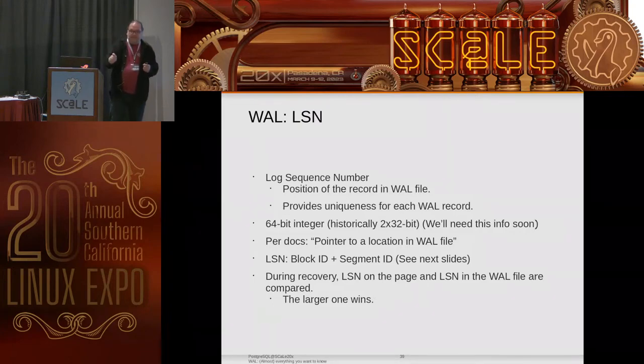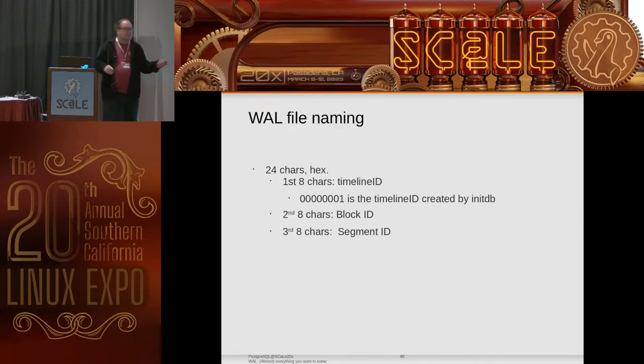But if the LSN on the data file is less than the value on the WAL file, that WAL record has not been written. I mean, the checkpointer or BGWriter couldn't complete the write operation yet, which is fine. Doing normal operations is 100% fine. So the larger one wins. That's how Postgres recovers.